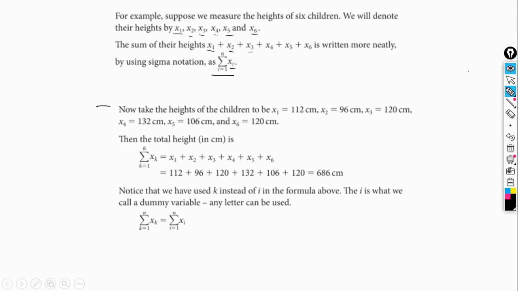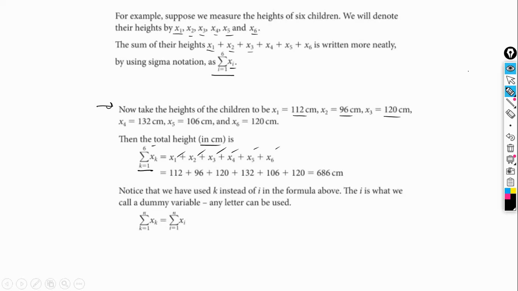Now, if we take the heights of the children to be x1 is equal to 112, x2 is equal to 96, x3 is equal to 120, etc., then the total height in centimeters is, again using sigma notation, from k equals 1 to 6. Notice that it's just the sum of each of the terms.